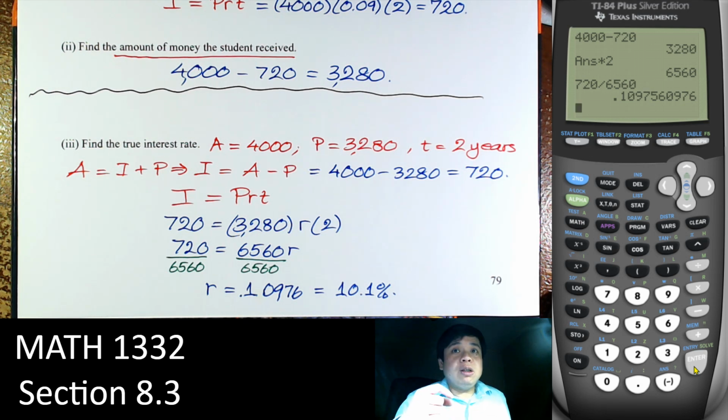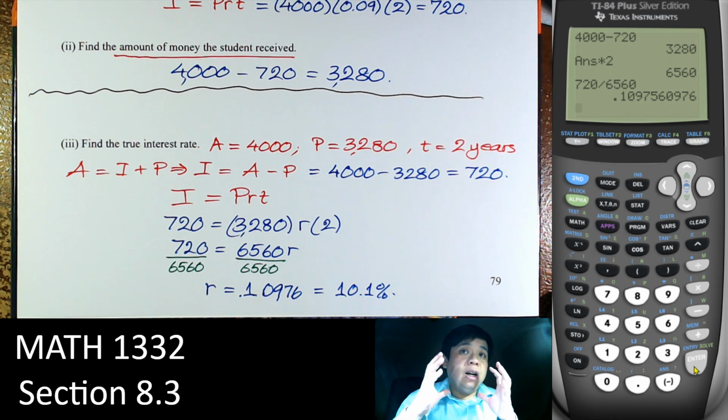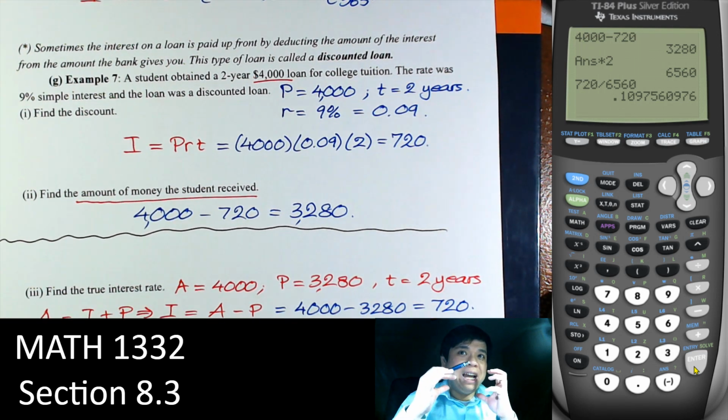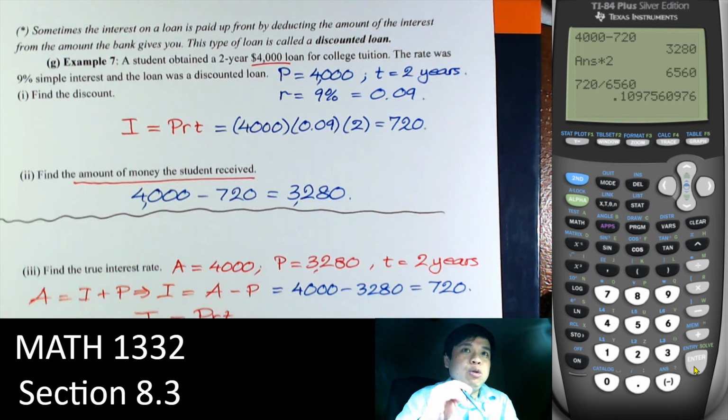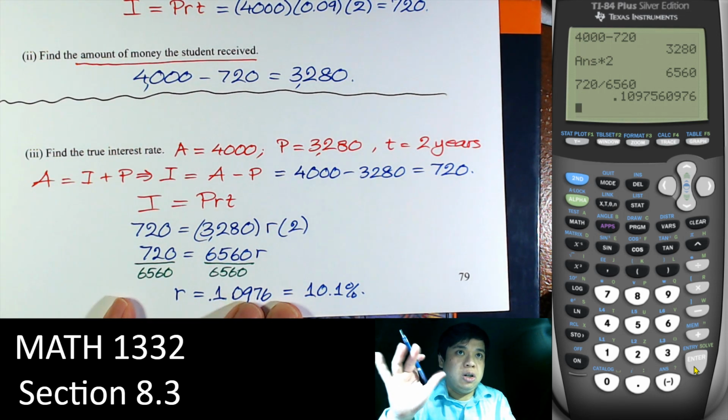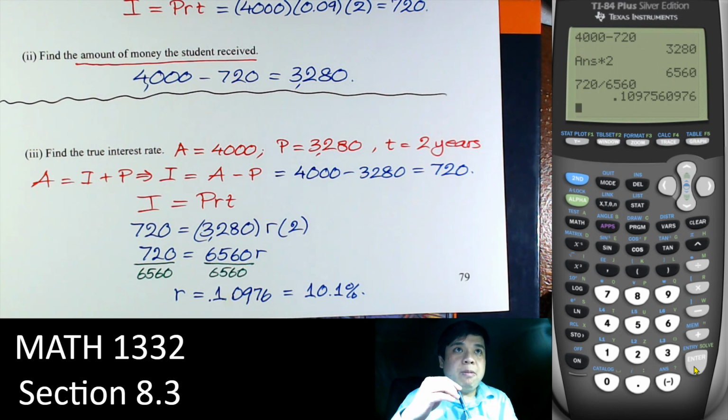Because $1 million now is worth a lot less in 10 years. Meaning that $1 million now is worth more than $1 million in the future. So $720 you get now is better than in the future, because in the future that amount is not going to be as much.